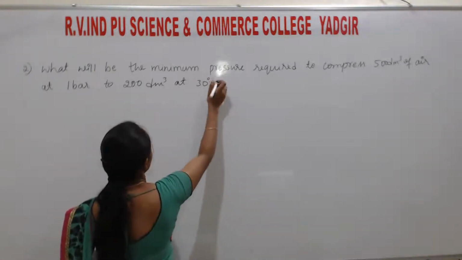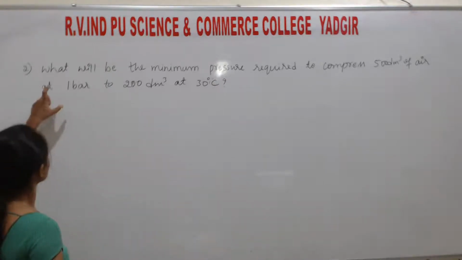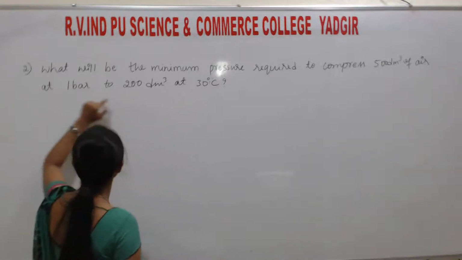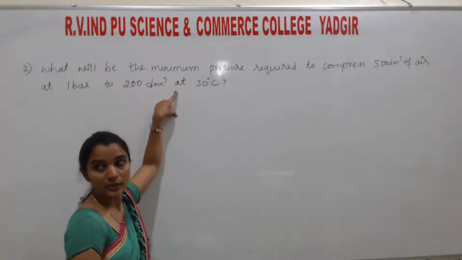This is the question. Okay. So what will be the minimum pressure required to compress 500 dm cube of air at 1 bar to 200 dm cube at 30 degrees Celsius?